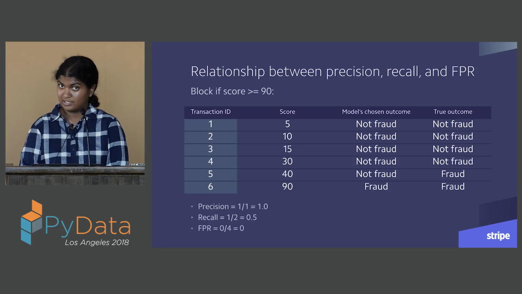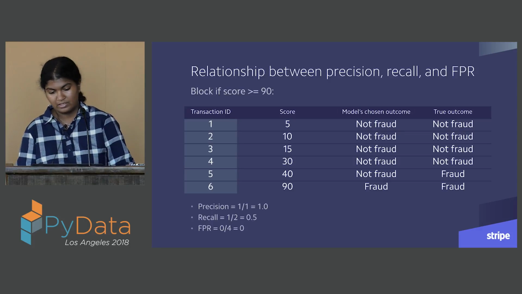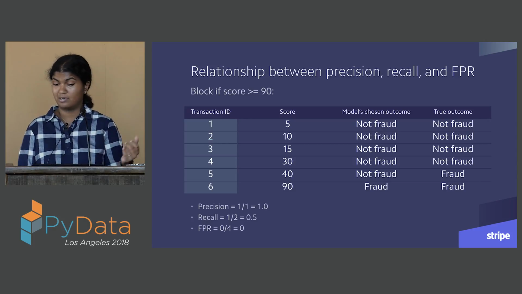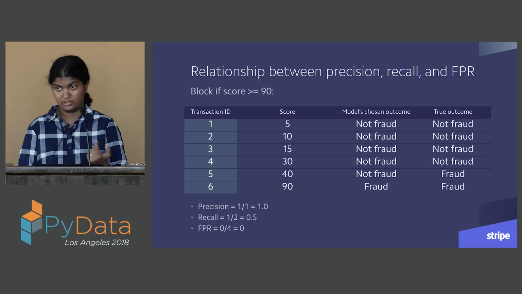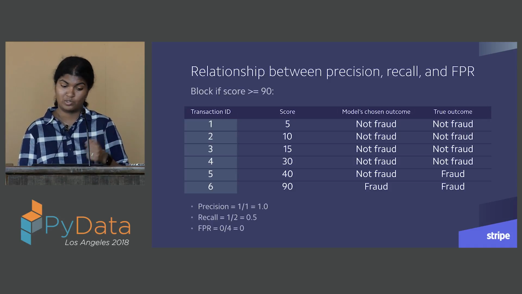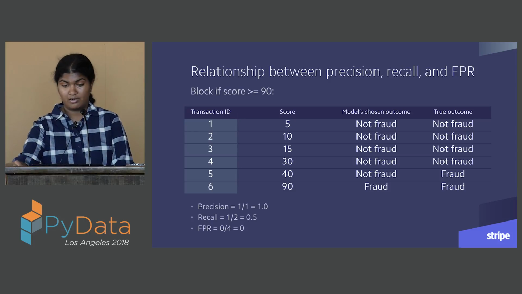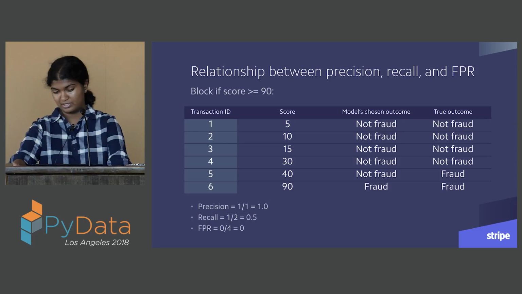So if we want to calculate precision, recall, and FPR on this set of outcomes, what is precision in this case? There was one charge that the model said was fraud, which is transaction 6. That one was actually fraud, so our precision is 1 out of 1, which is 1. What is recall? There are 2 fraudulent transactions in the data set, number 5 and number 6.